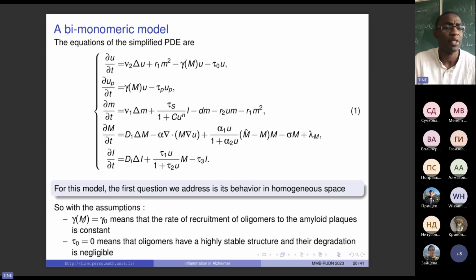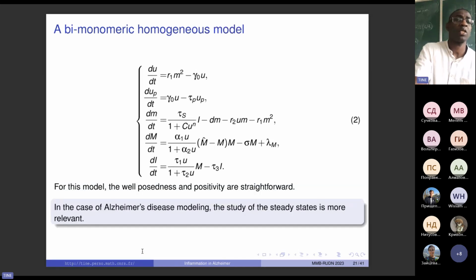Taking gamma m constant, like gamma naught, which means that the recruitment of oligomers to the amyloid plaque is constant. If we take the degradation as negligible, we simplify the system to a simple ordinary differential equation.